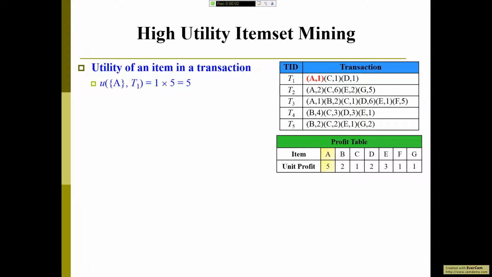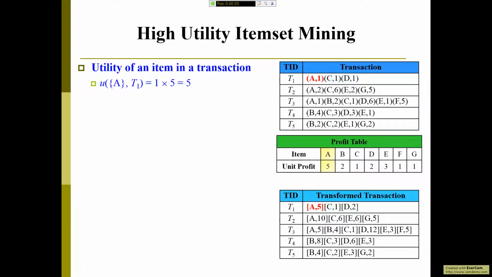The utility of an item in a transaction is the multiplication of its purchase quantity by its unit profit. For the sake of simplicity, we have combined these two databases to give the transformed transaction database. Each item in the transaction in this database is accompanied by its utility in that transaction.